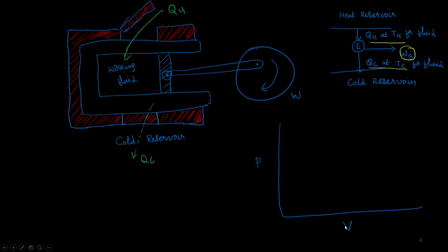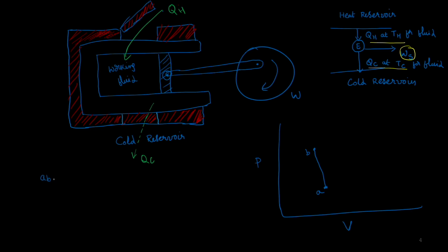The initial state of the system is at a point A, and then A to B is going to be an adiabatic compression. That's my point B. This is my point A. A to B is adiabatic compression. And at B, we open the flap at the top so that it can exchange heat with the hot reservoir at temperature TH.